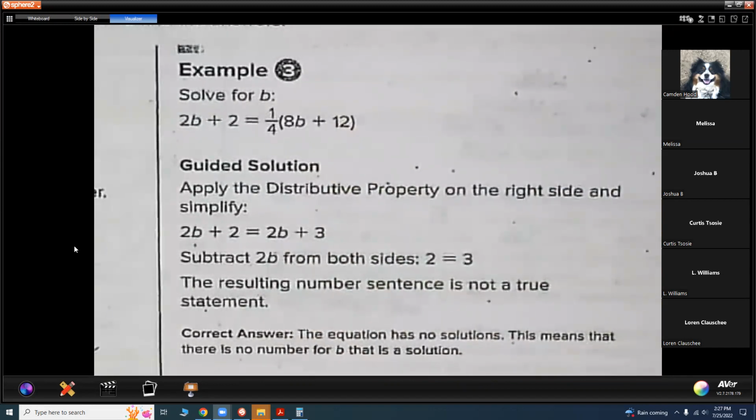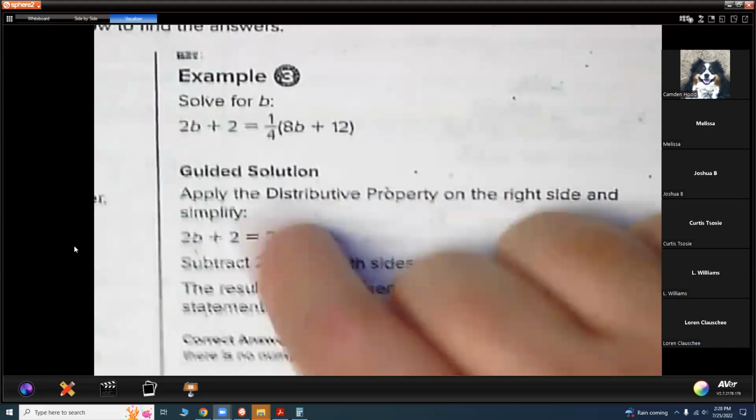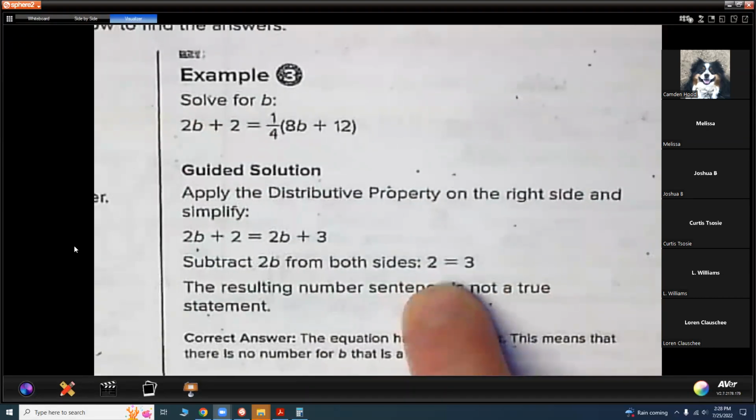So do examples 2 and 3 make sense, what they're trying to show? Because you might have a problem like this. I'm trying to remember if I've seen a practice question, but I don't want to trust myself completely. So remember that sometimes your variable terms might cancel out and you're left with just numbers.